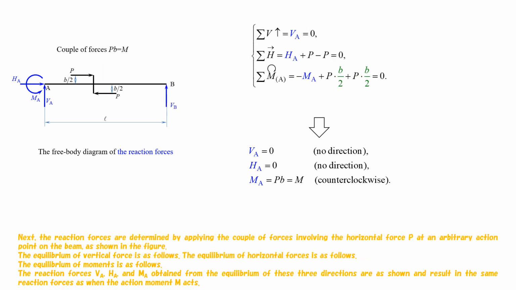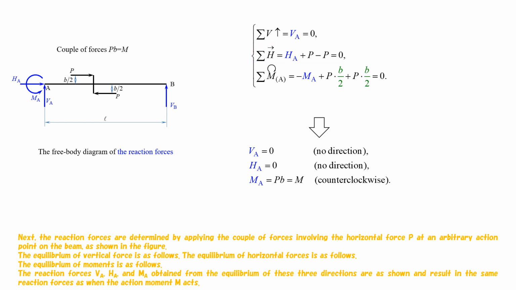Next, the reaction forces are determined by applying the couple of forces involving the horizontal force P at an arbitrary action point on the beam, as shown in the figure. The equilibrium of vertical force is as follows. The equilibrium of horizontal forces is as follows.